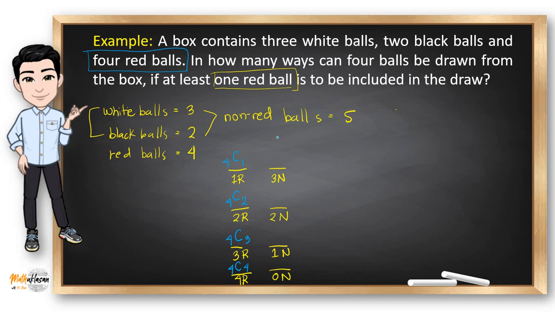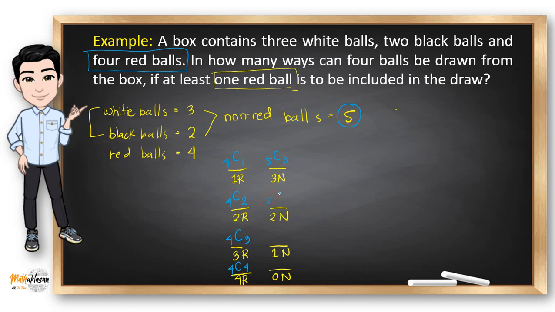Now, remember that the total of non-red balls is 5. So for the event of selecting 3 non-red balls, there are 5 white and black balls, so it is the combination of 5 objects taken 3 at a time. So it's just 5C3.